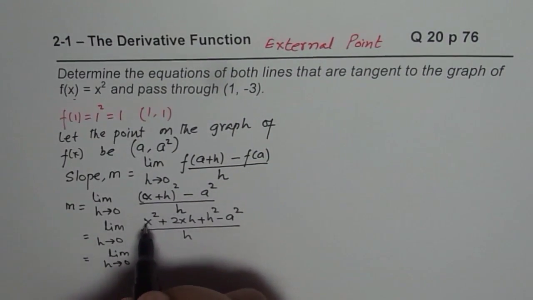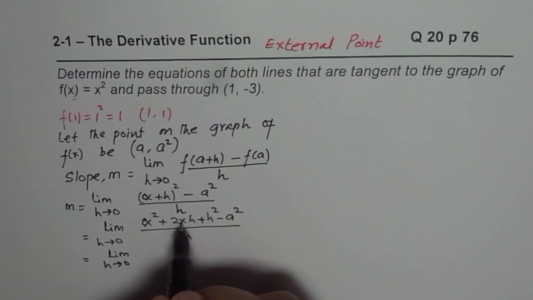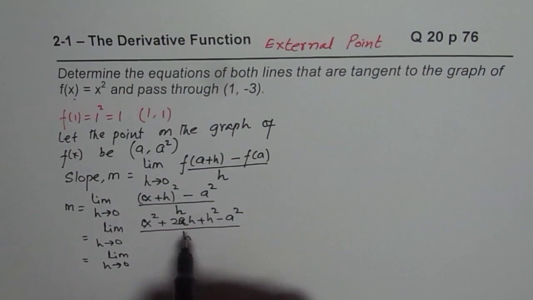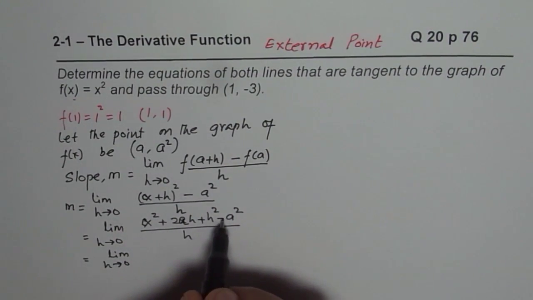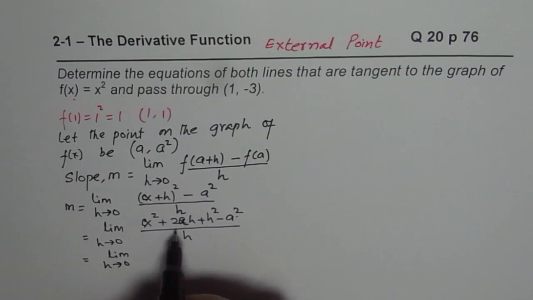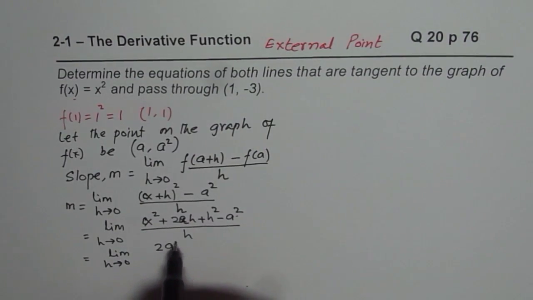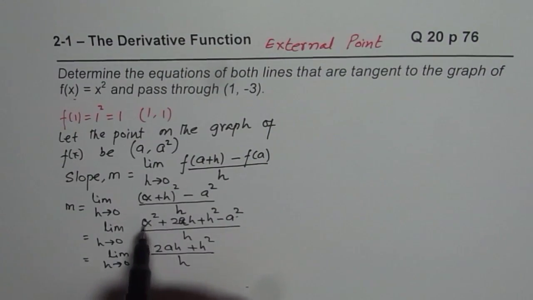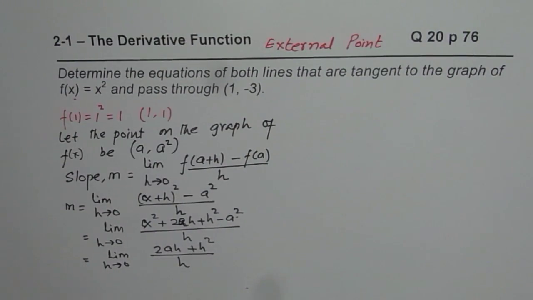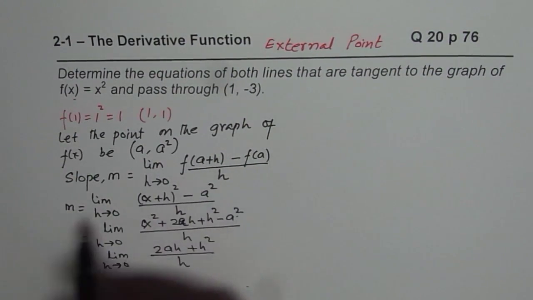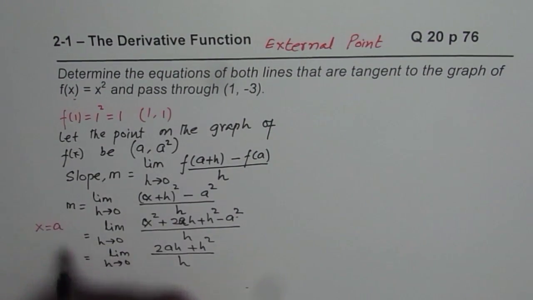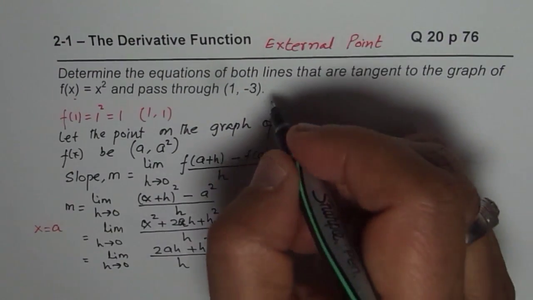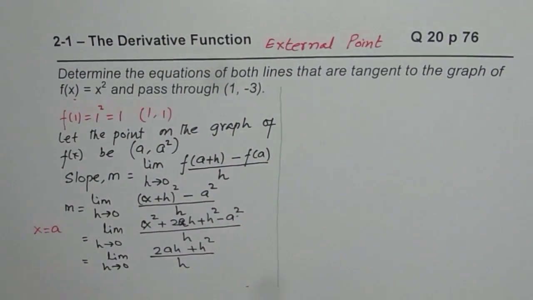So let me replace x with a now. So a squared minus a squared becomes 0. We are left with 2ah plus h squared over h, correct? Sorry for this mistake. As you know, we are actually writing a plus h, so x is equal to a. That is the correction I made just now. You should be writing a, not x.